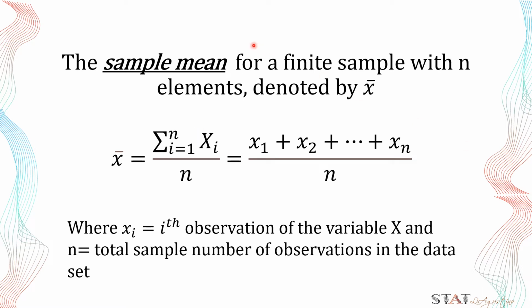Note that the population mean is a parameter while the sample mean is a statistic, as we have defined in our basic concepts in the previous module. Now, what is the sample mean? The sample mean for a finite sample with sample size n is denoted by x bar. If my data is population data, then I will use mu.